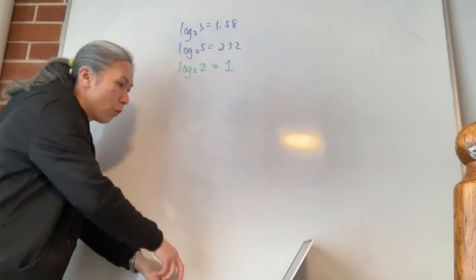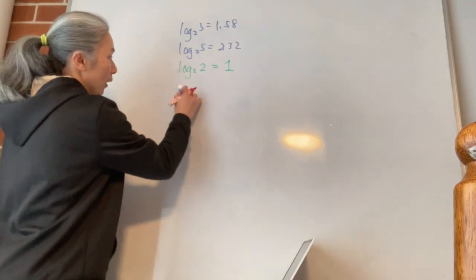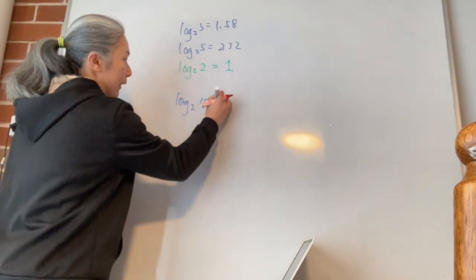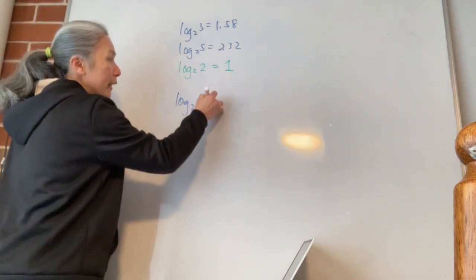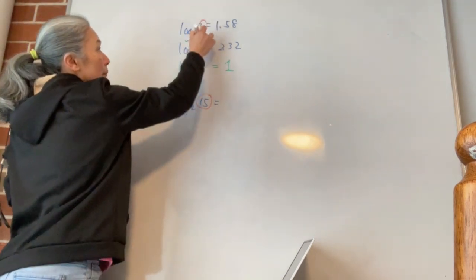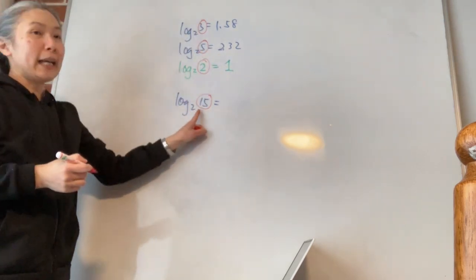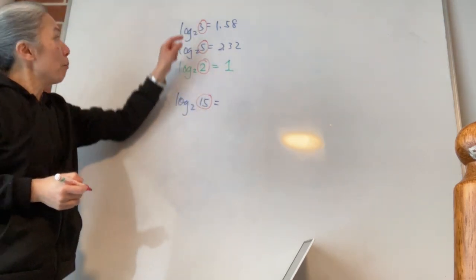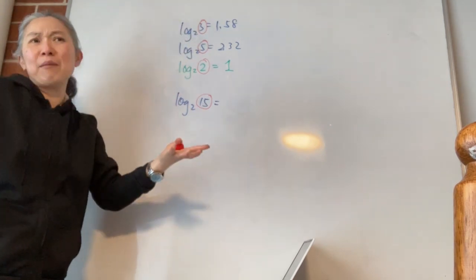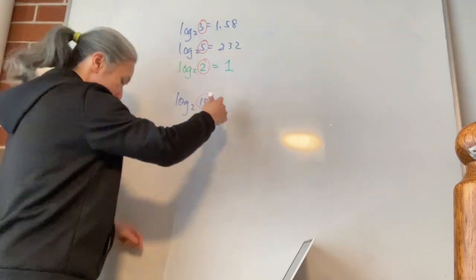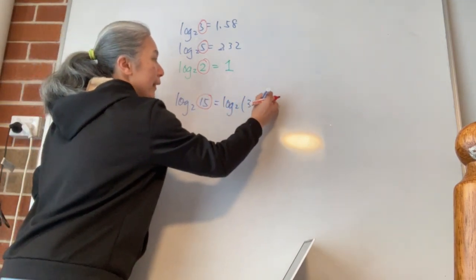Okay, now what I want you to look at is the questions. The first question is log base 2 of 15. The number 15 is a multiple of these numbers. You use these 3 numbers to get to 15. So how can you multiply any of these to get 15? That must be 3 times 5. It's quite obvious, right? So you can write this as log base 2 of 3 times 5.